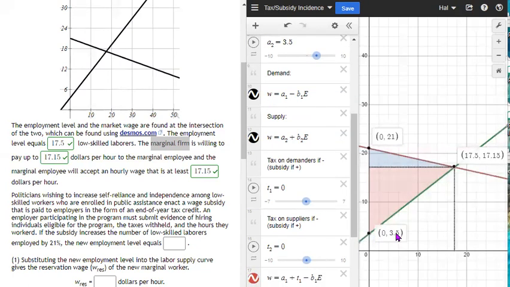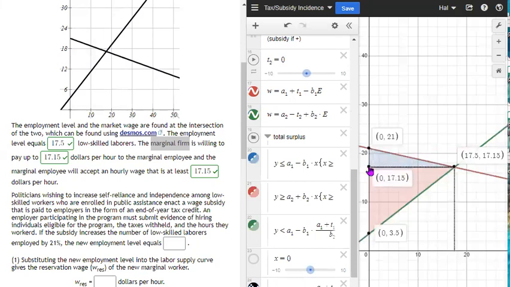This person down here that has a reservation wage of 3.5, if they're lucky enough to be hired, their surplus is massive, because they'd be willing to do the job for $3.50, and then they get paid $17.15 for it. So the worker surplus is nearly $14 for this most desperate of workers, the one that has a reservation wage of 3.5.